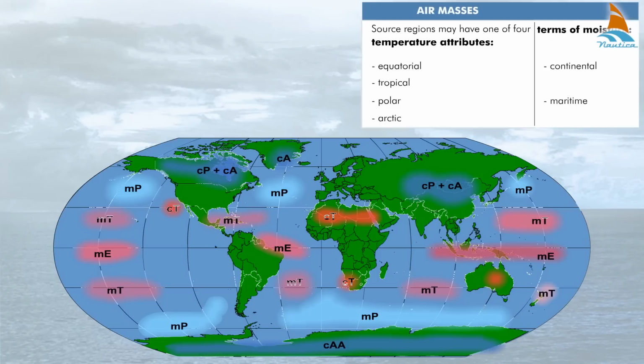On a weather map, moisture characteristics are abbreviated C for continental or M for maritime. Temperature attributes are abbreviated E for equatorial, T for tropical, P for polar, and A for Arctic. For example, a tropical air mass that formed over a continent is labelled CT, and a tropical air mass that formed over the oceans is labelled MT.